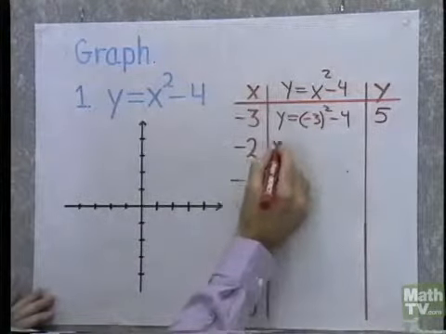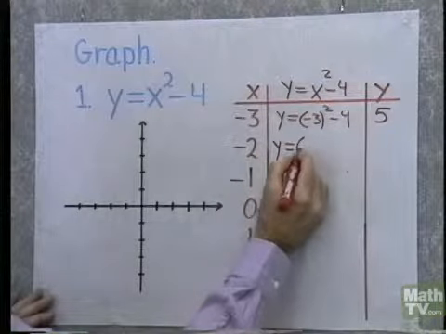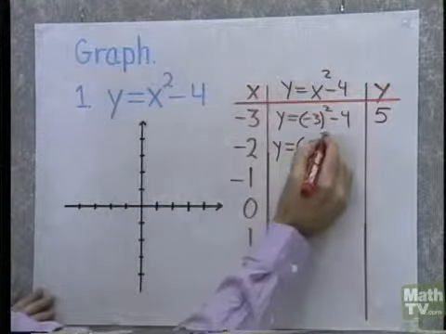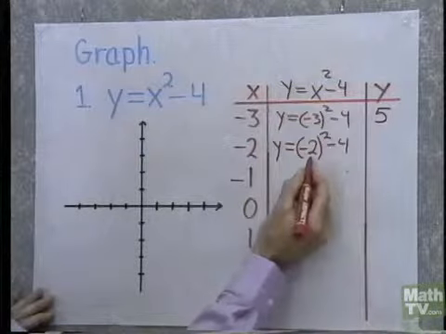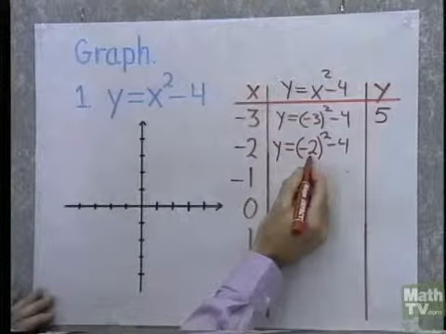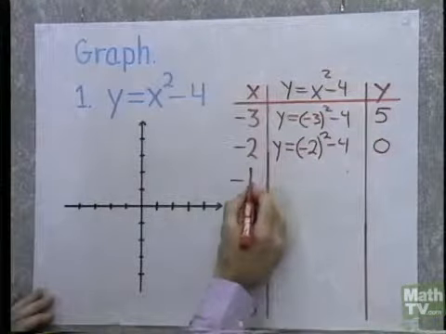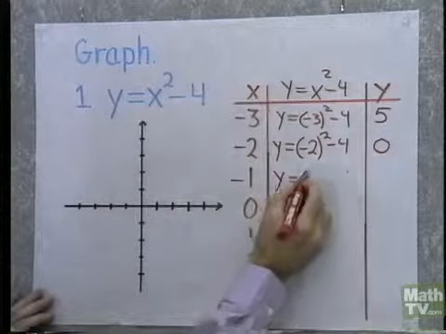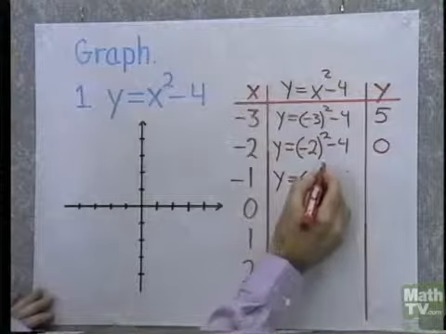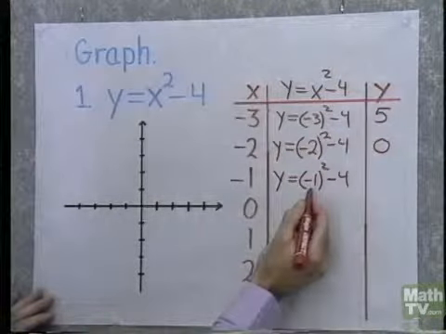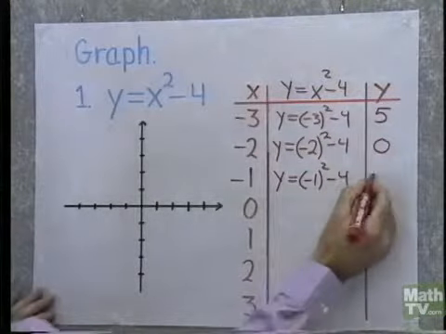When x is -2, I have y equal -2 quantity squared minus 4. So that's -2 squared is 4, subtract 4 is 0. When x is -1, y is equal to -1 quantity squared minus 4. That'll be 1, subtract 4, which will be -3.